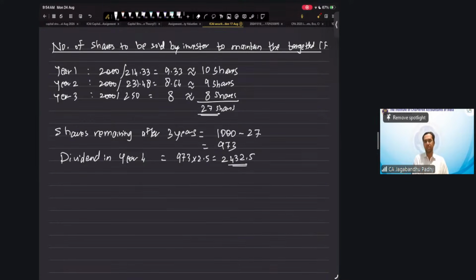Yes, we are achieving the targeted dividend. We are not falling into a lower dividend. Rather, the dividends are going to be higher than our targeted value of 2000.